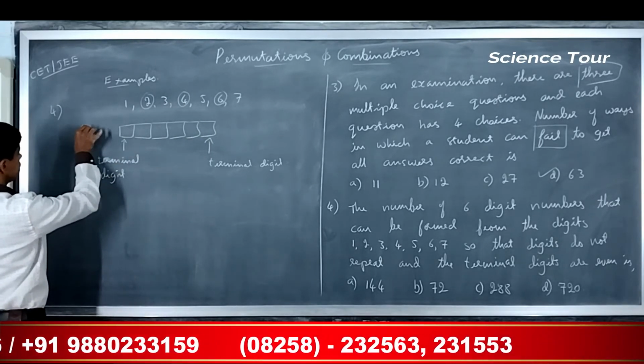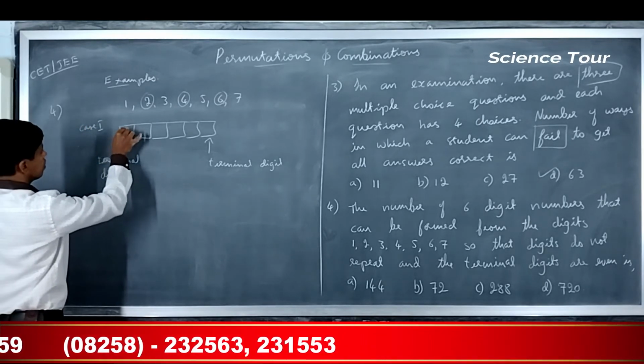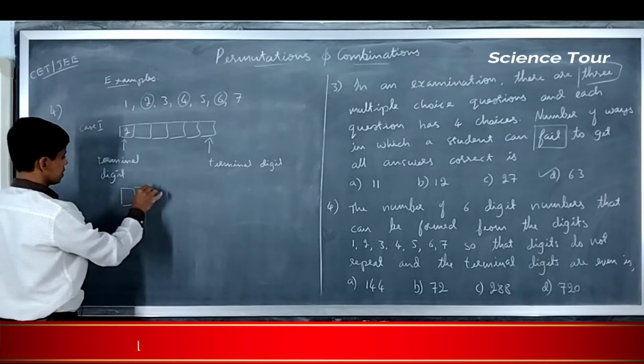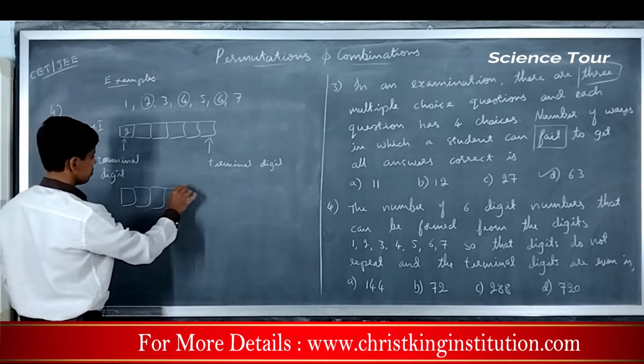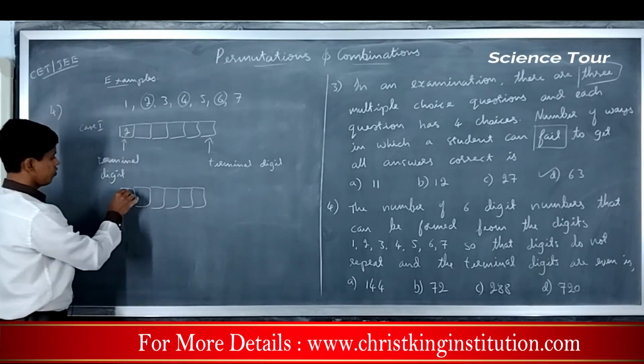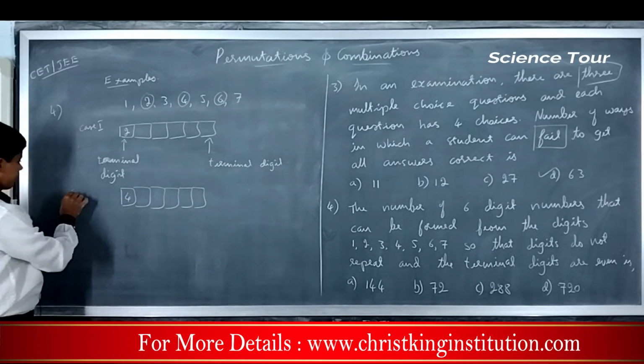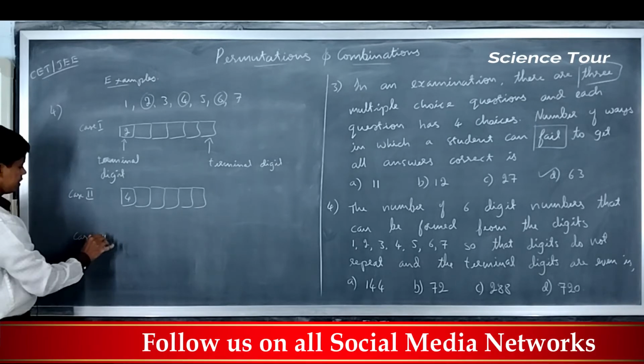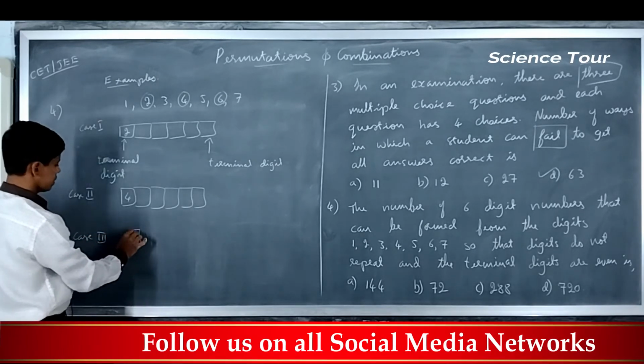So this is case 1 where you have fixed 2 in the first place, let us say, and second case you have fixed 4. All right, case 2, and in the case 3 we'll fix 6.